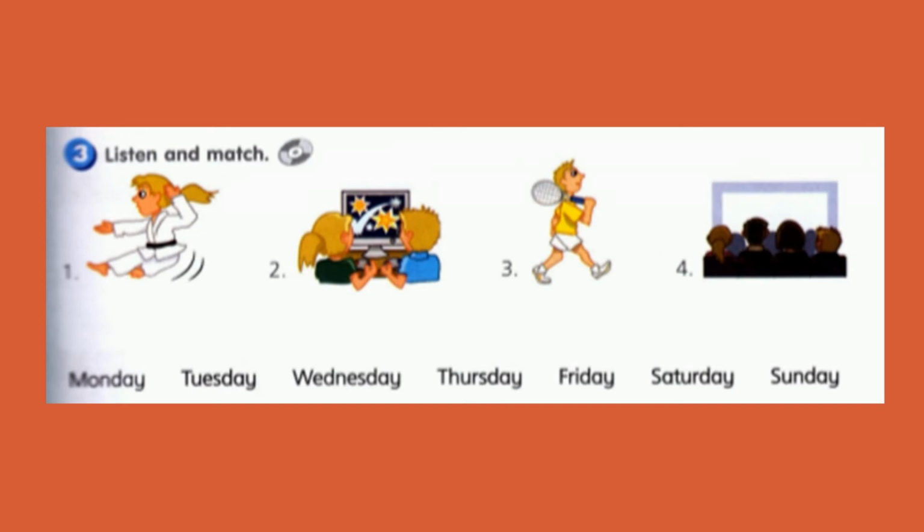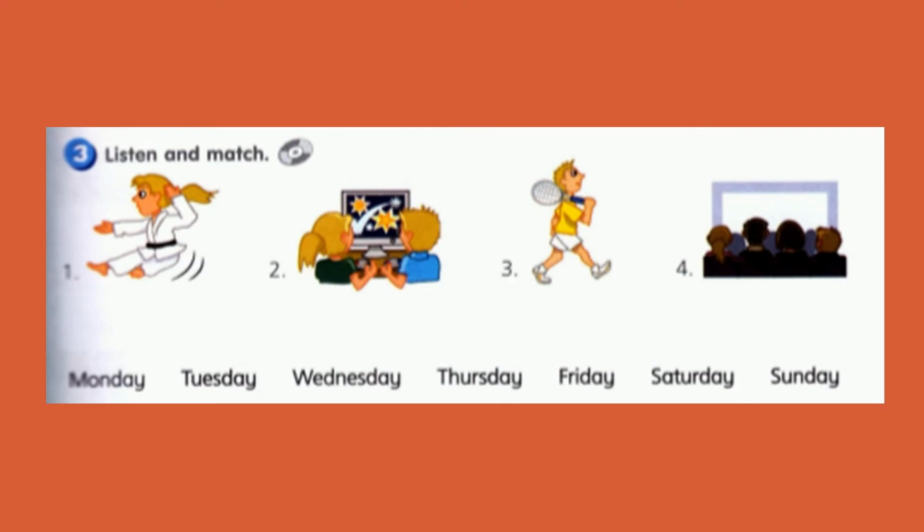Bob, let's go to the cinema on Saturday. Saturday? I can't. I always play tennis on Saturday. 4. Let's go to the cinema on Sunday then. Yes, we can go on Sunday.